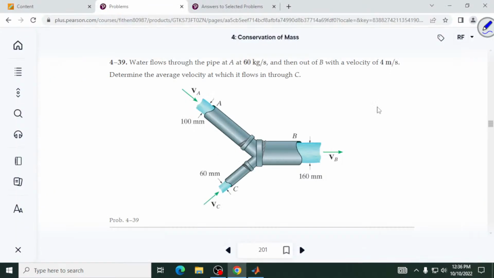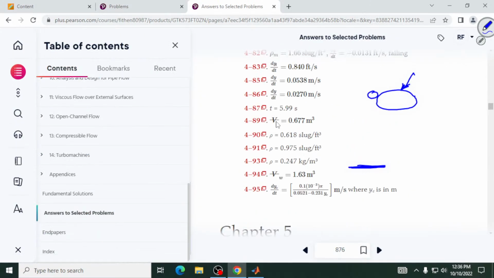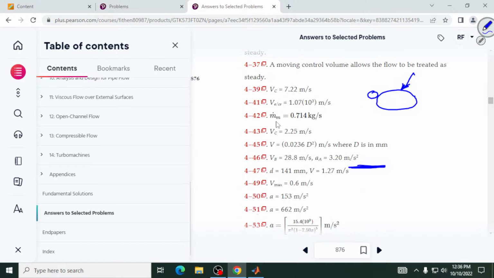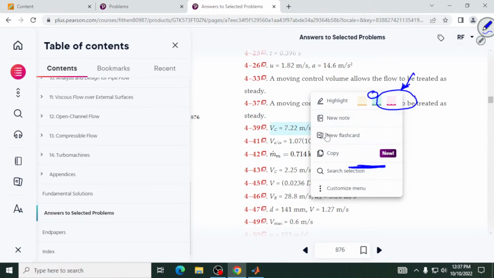So I get about 7, or was it 7.02? 7.22. Okay.